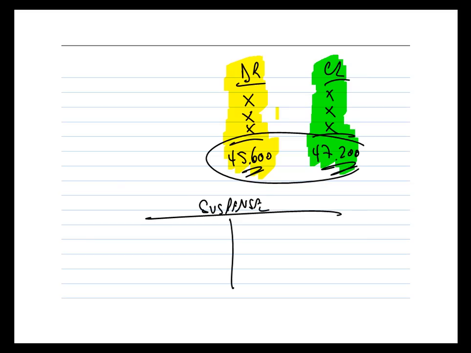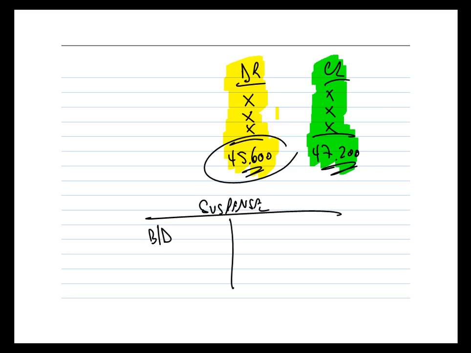Now the suspense account is a temporary errors account introduced to make the trial balance balance while we find the errors. So in this case, because the debit side is lower, we would need a suspense account on the debit side. So the brought down suspense account will need to be a debit effectively to make it balance, and the value of the suspense account will just be the difference between the two totals.